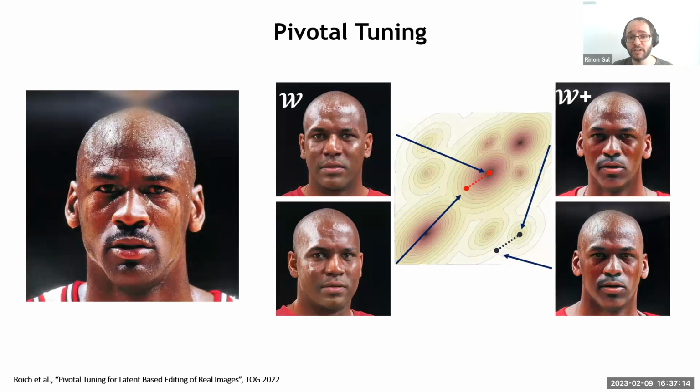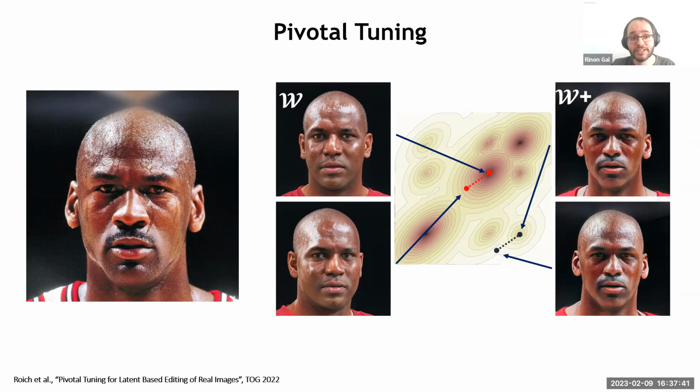Okay, so starting with pivotal tuning, the idea here is to do our inversion in two steps. First, we can find a code, right? Let's say we want to invert this image of Michael Jordan, and we can try to invert it into an area of the latent space which is highly editable, right? Let's say close to the real words. This will hurt our reconstruction, right?